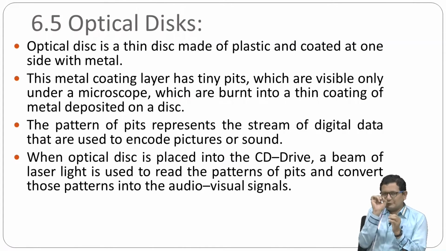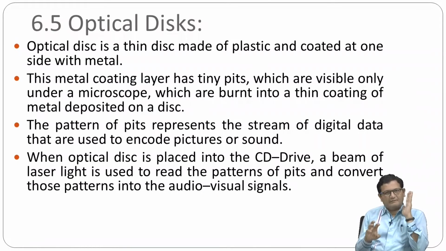If you want to see the small pits in the CD-ROM's metal coating, you need to use a microscope. The pits are burnt into a thin coating of metal deposited on the disk. Say a blank disk has a metal coating on one side.